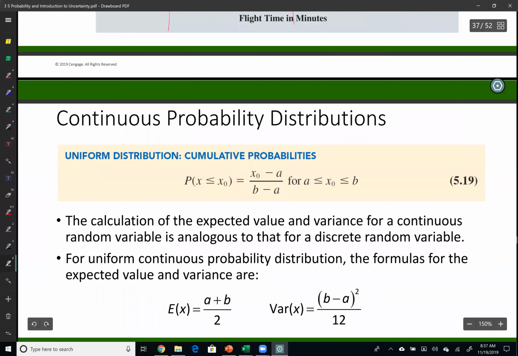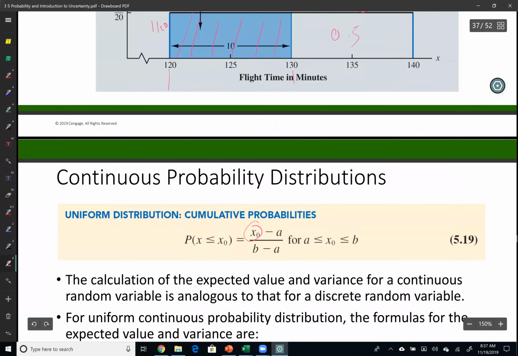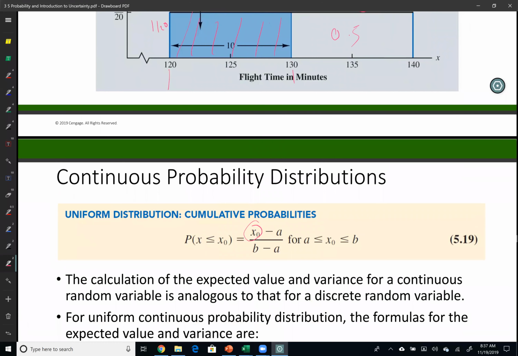So this is how we calculate the probabilities. Given the location, let's say in this case 130, location minus lower bound, in the example 130 minus 120, which is 10, divided by upper bound minus lower bound, 140 minus 120.